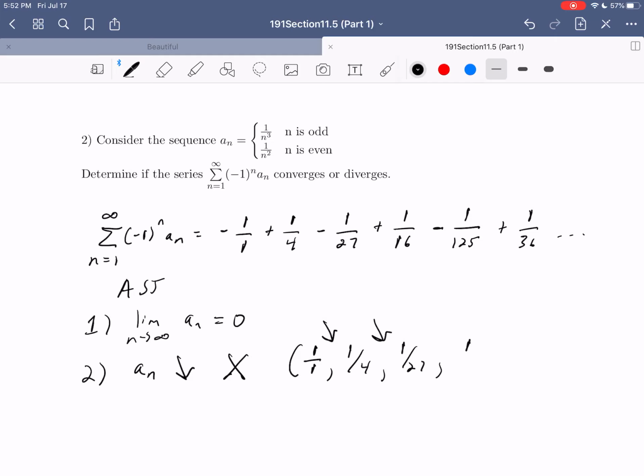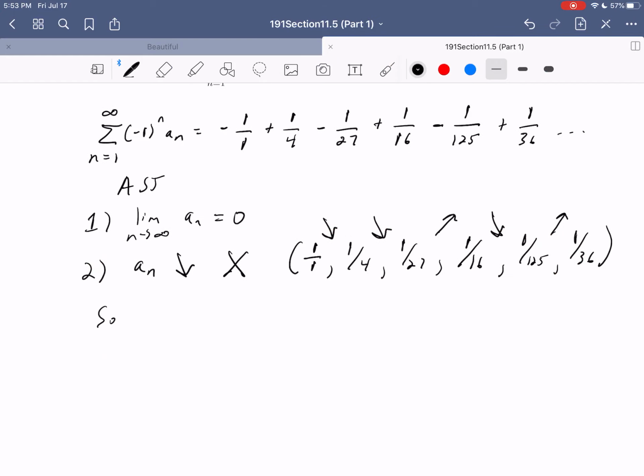Okay, things are looking good. 1 over 16, that's actually an increase. Then 1 over 125, that's a decrease. But then back up to 1 over 36, that's an increase. So the second condition, once again, is not satisfied. So AST does not apply.